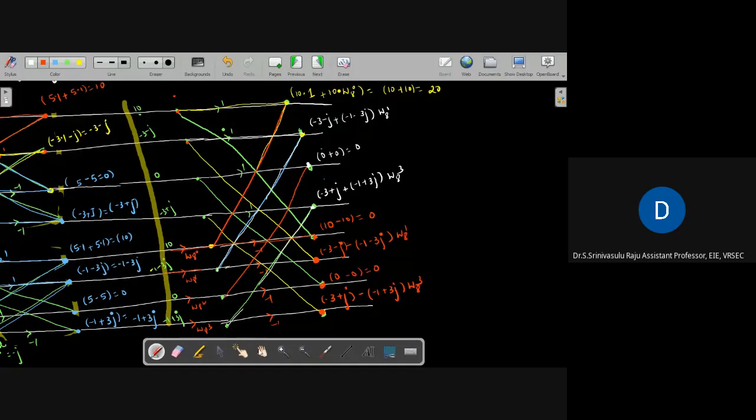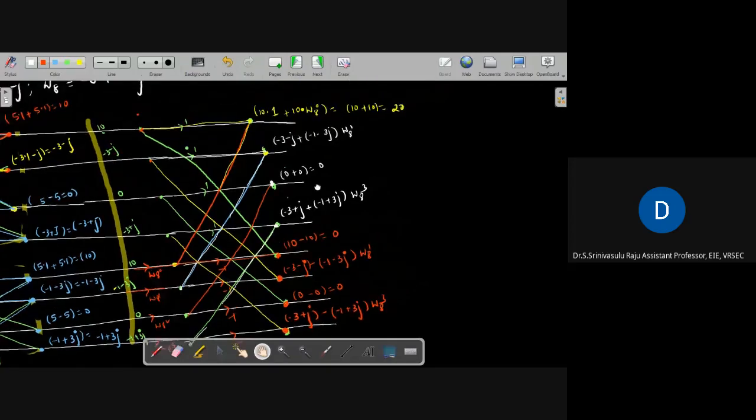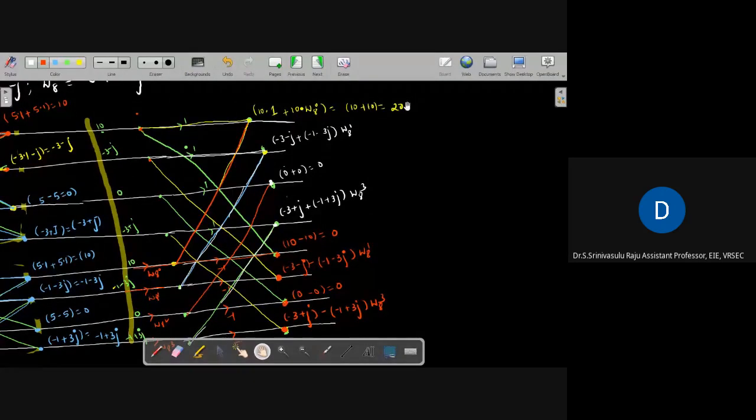Now if you simplify these terms, we will have the values. So first we will simplify the first one. This is the 20, we know, and the value of W8 of 1 gives -3 minus j plus (-1 minus 3j) into (0.707 minus j0.707).